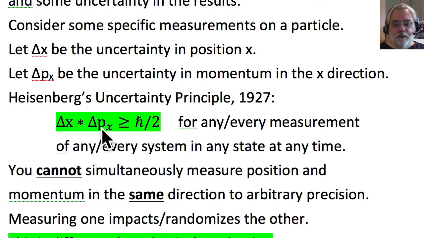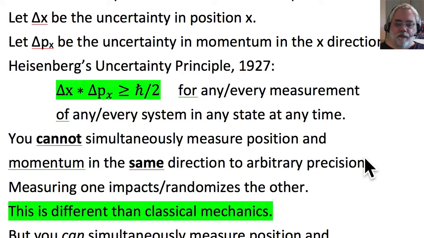So if a short time later, 1 nanosecond later, you then measure momentum, you will be able to measure it accurately, but it will not be the momentum that it was 1 nanosecond earlier, because the measurement of position altered the system state. Same thing if you do it in the other direction. This is different than classical mechanics.